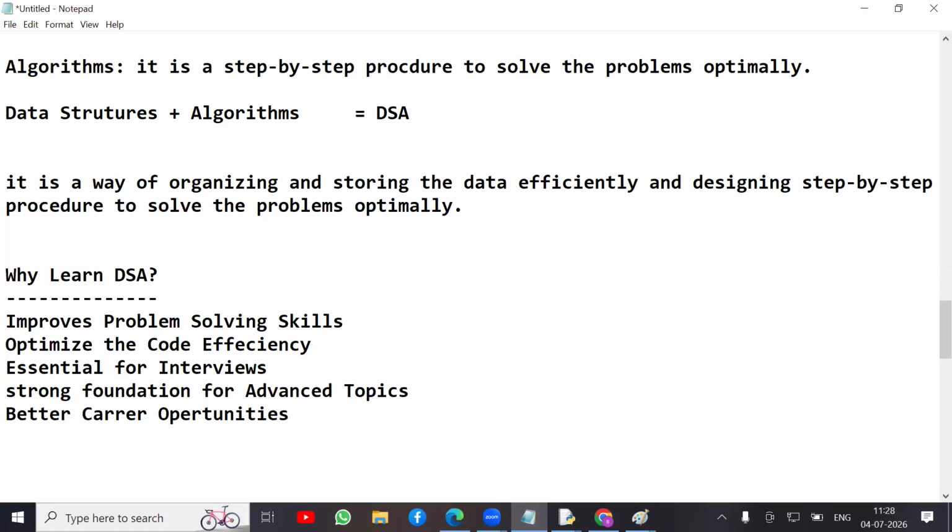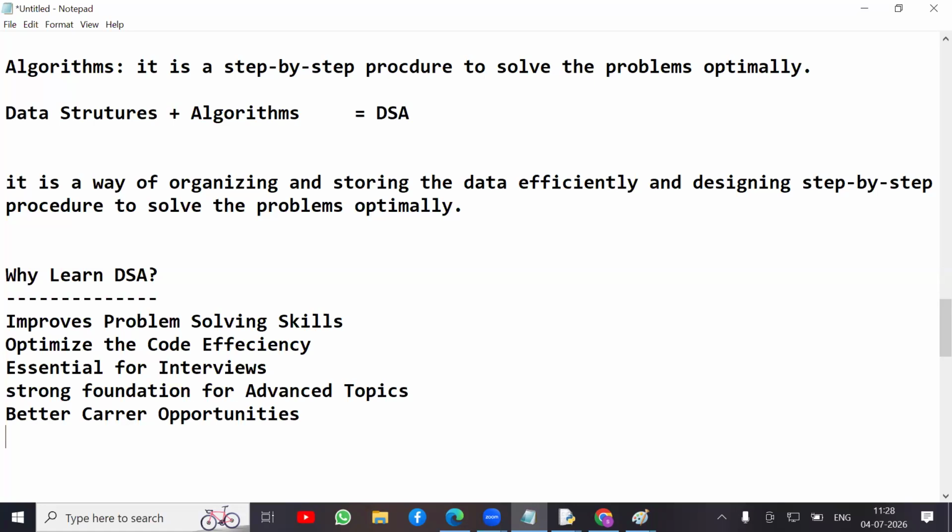Okay, these are the reasons: improve problem solving skills, optimize code efficiency, essential for interviews, strong foundation for advanced topics, better career opportunities.